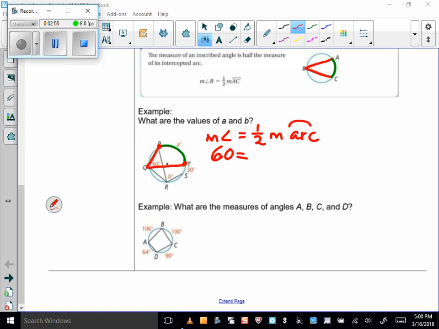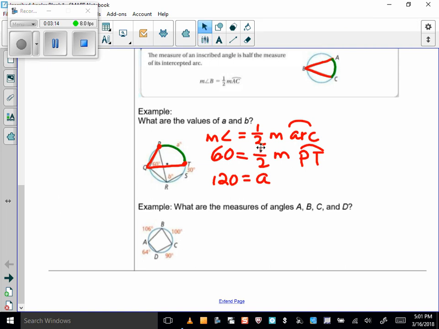So we know the measure of the angle is 60 degrees, so that's 1/2 the measure of PT. If we just multiply both sides by 2, we get 120 equals A. That's the measure of that arc. And we want to know what is B. Let's look at B here and see what arc that angle B intercepts.